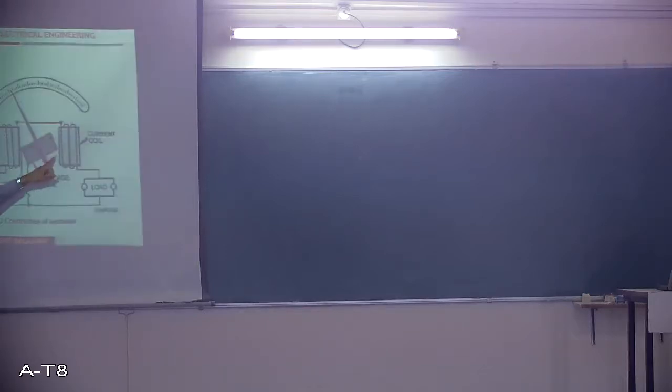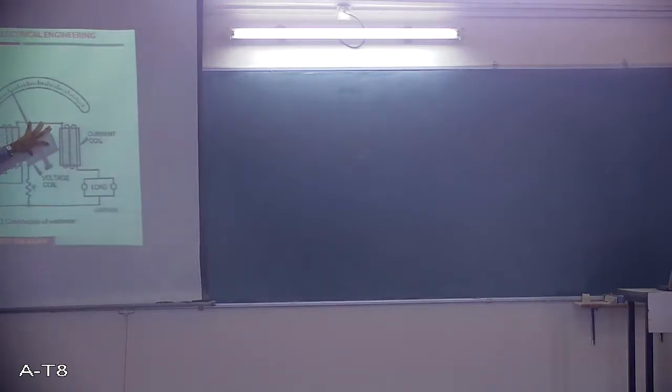Next, we have one more coil, which is called the moving coil, and it is very light in weight. It has a very thin wire and multiple turns. Now look at the difference here. Thin wire means the area of cross section is less, and the length is more because of the larger number of turns.